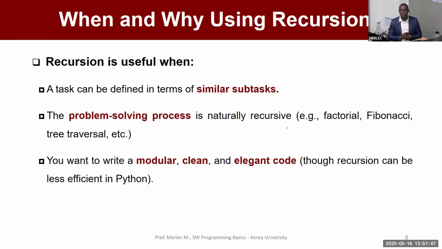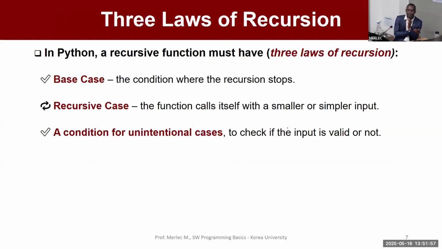For you to use the recursion, there is a bunch of things that you have to satisfy, like the 3 laws of recursion I will introduce now. So in Python, a recursive function must satisfy the 3 laws of recursion, which are the following. The problem or the function has to include a base case. What does it mean, base case? It is the condition where the recursion stops, because, you remember when we introduced the concept of algorithm, an algorithm should have an end, okay, not run infinitely.